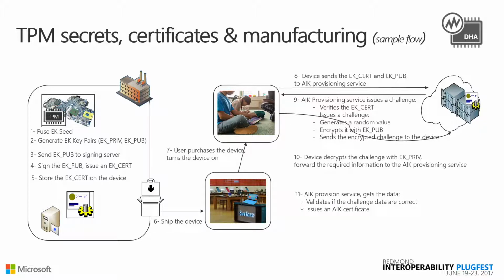But the AIK changes every time you provision a device, every time you re-image a device. And the AIK is more privacy friendly because it is not as sticky as the EK. Device health attestation, I'll get more into the detail, supports all these different scenarios.